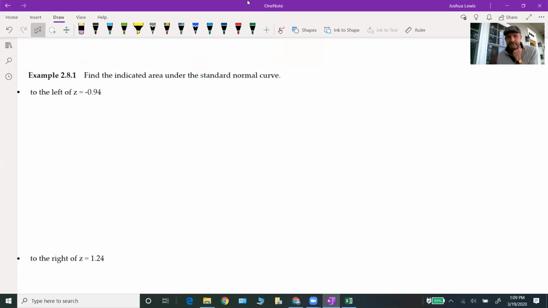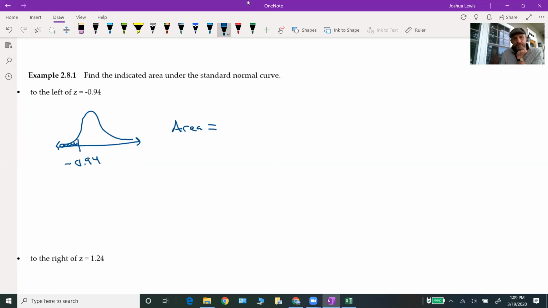Seriously, pause it. Okay, hopefully you have in fact paused it and are now back. So left of negative 0.94, I'm just going to eyeball that, and we want that area.